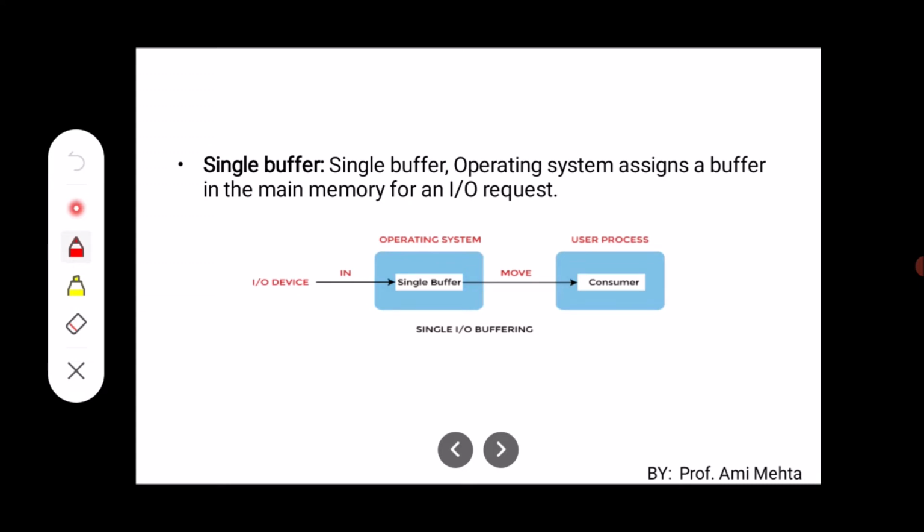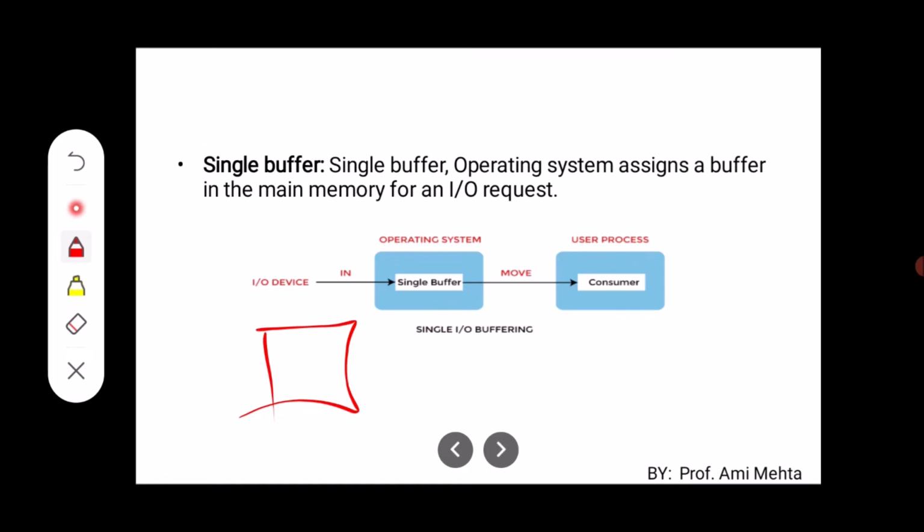But now, if there is a concept of buffer, what happens? The operating system does not directly access the input-output devices; requests go via main memory. In a single buffer, the operating system assigns a buffer in the main memory for an I/O request. So in main memory there is one buffer, and the operating system assigns some portion of memory as a buffer.